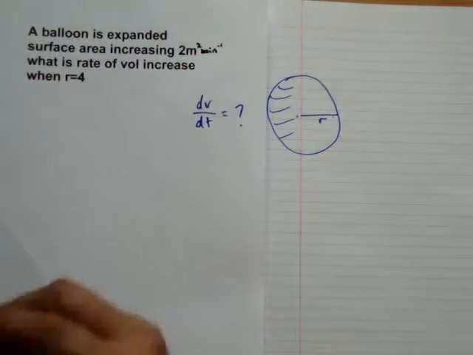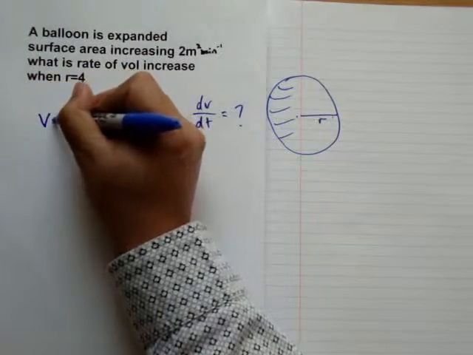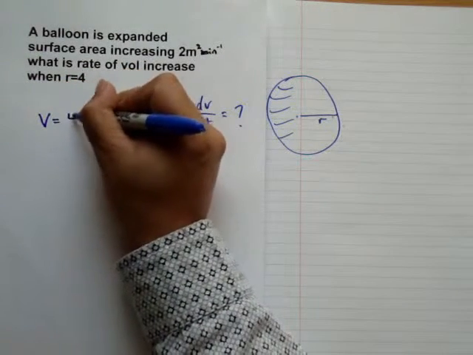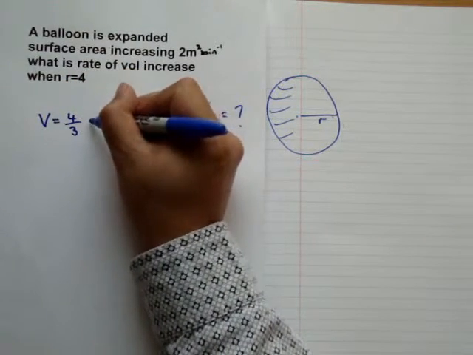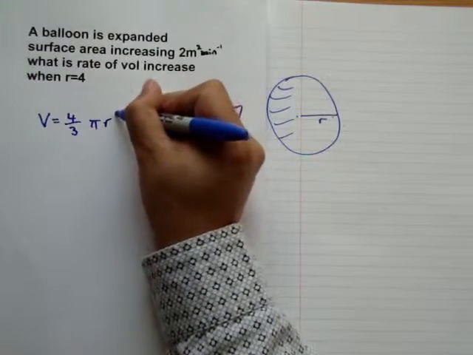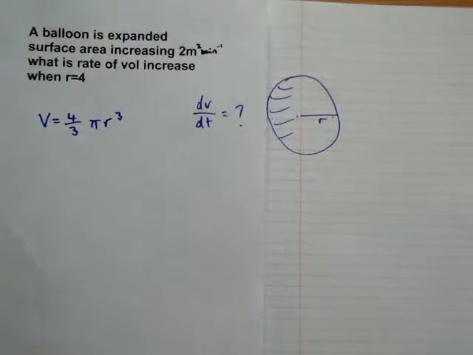So the volume of a sphere is given by 4/3 pi r cubed.